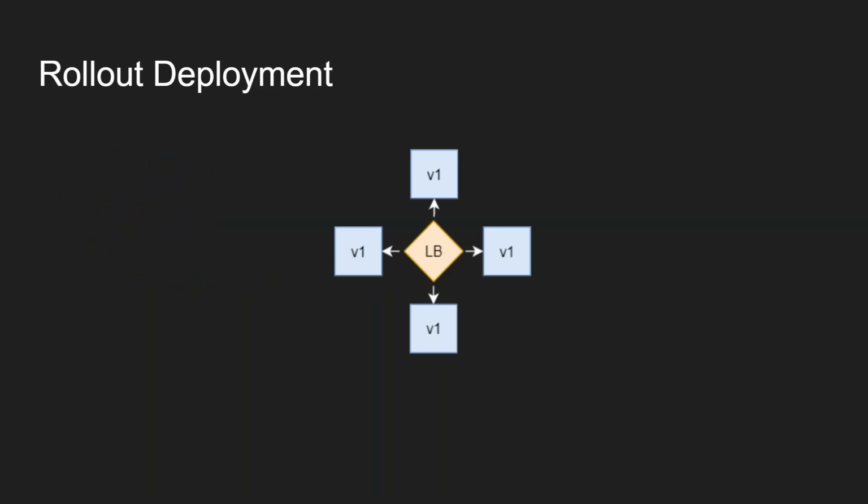So, the rollout deployment is the basic one. When we just write down a deployment, it will use this type of deployment. So what it does: we have version 1 of our application, which is serving the public. Now we delete 1 pod, so now the public is served by only 3 pods.